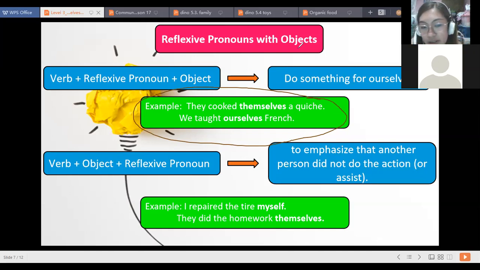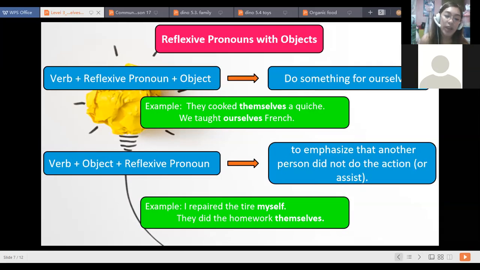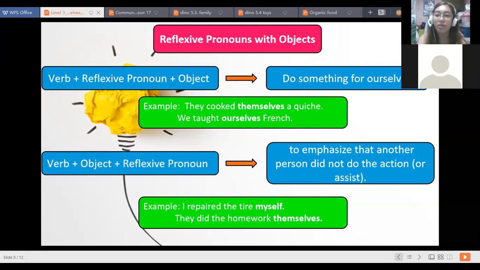I prepared the tire myself. They did the homework themselves. Okay, very good. So can you give me the reflexive pronoun there? Myself and themselves. Okay, very good.